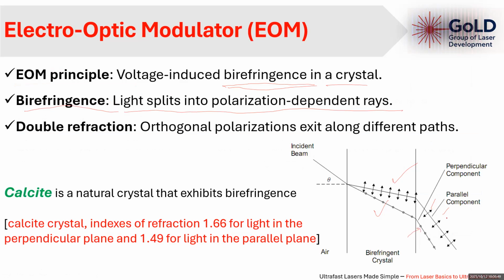In both cases, light takes a different path when it passes through a birefringent crystal. A certain kind of crystal is called a birefringent crystal. It's related to nonlinear optics, basically a nonlinear material. If the light has different polarizations, each polarization passes through along a different path because of the different refractive index.